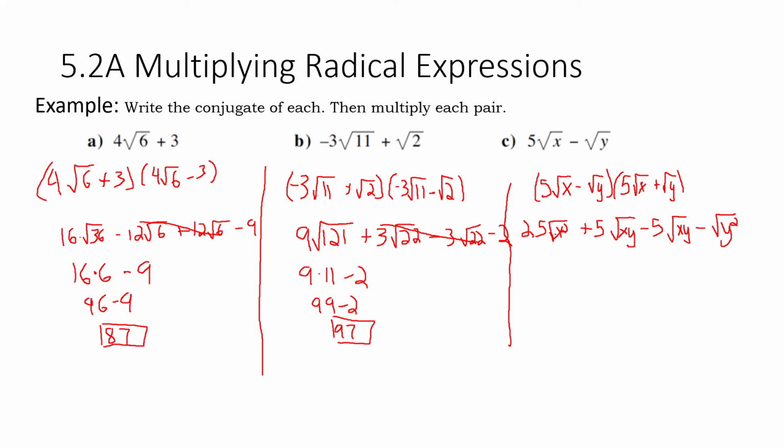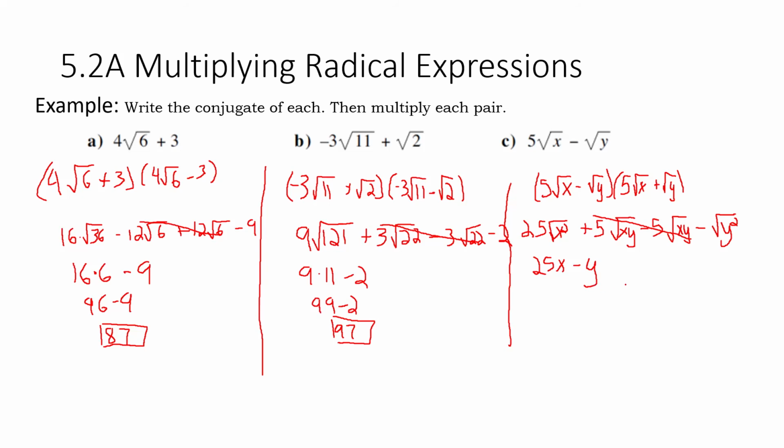The square root of x squared is x. So 25x, and then 5 root xy minus 5 root xy is going to be 0. 5 of anything minus 5 of those same things is 0. And then the square root of y squared is y.